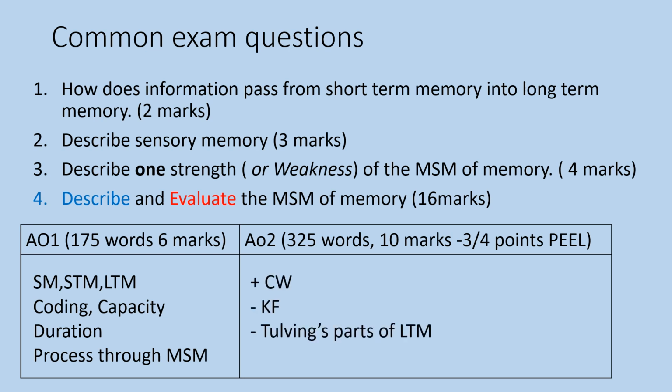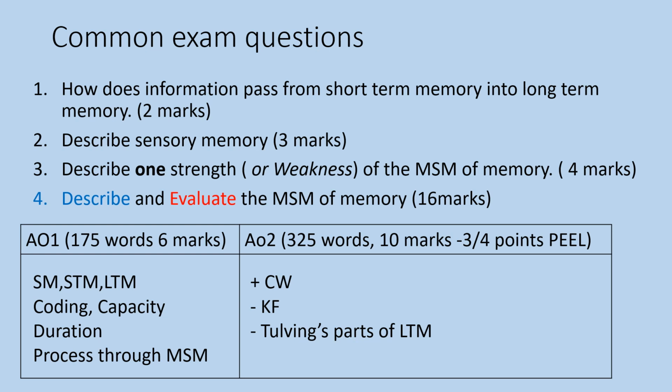Then when it comes to evaluation, I recommend 3 evaluation points is going to be enough. So we can look at Clive Wearing with Warrington. How does that have support for the separate stores for short-term memory and long-term memory? We can then give that counterpoint saying, actually short-term memory seems to be broken down into auditory and visual, which this theory doesn't seem to explain or demonstrate.